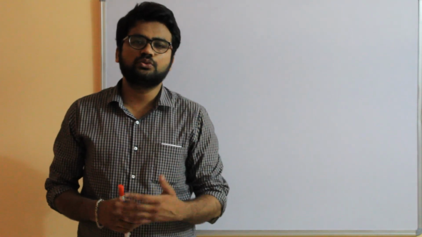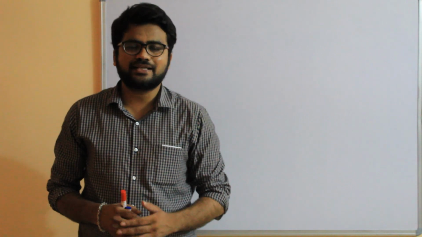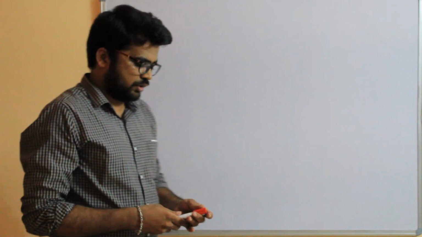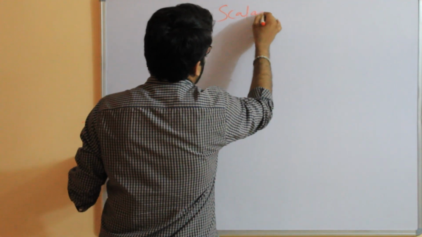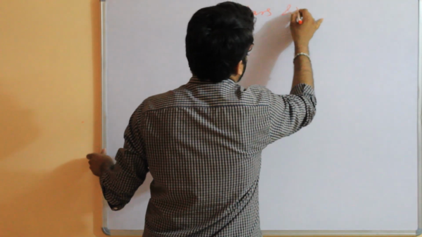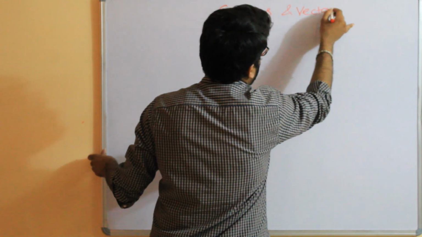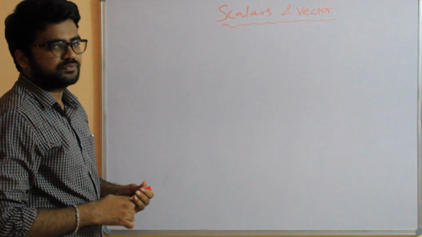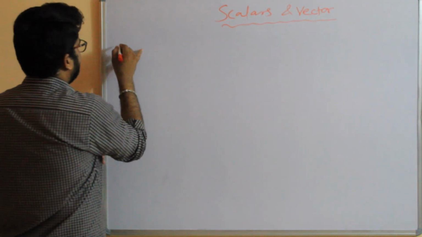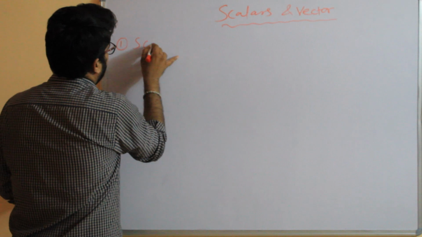So let's start with a new topic, and that is scalars and vectors. In this topic, you first have to understand the definition of a scalar and the definition of a vector, right? Firstly, we'll see the scalar.